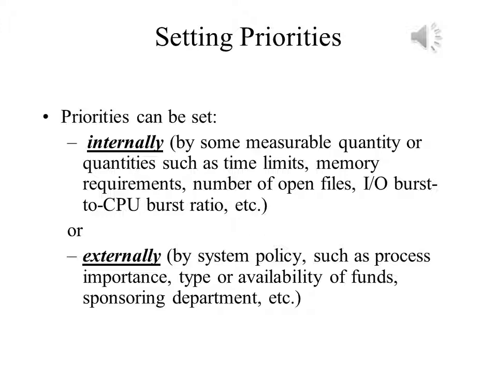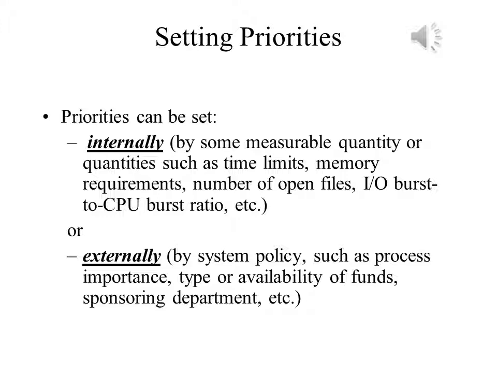How do we set priorities? Unix uses the time spent in the CPU, the time spent waiting on the ready queue, and user set factors as a basis for determining priority. All of these are internal factors. Other internal factors might be the number of open files, memory requirements for the process, I/O burst to CPU burst ratio, and so on.